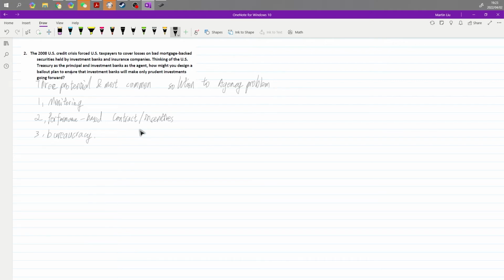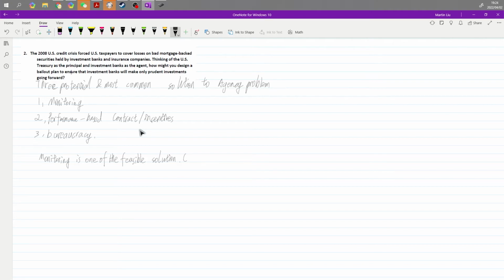Among the three, you definitely see monitoring is working, because monitoring is one of the feasible solutions. What you can do is monitoring.